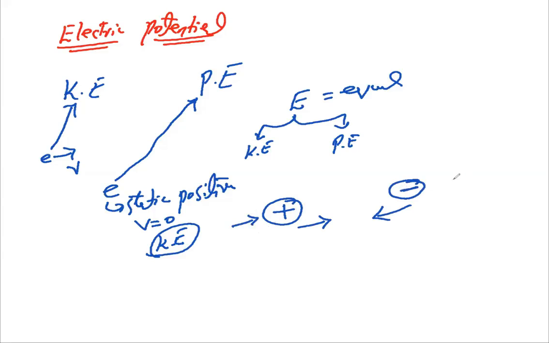Similarly, this charge will also not require an external force to push it toward the positive charge. They will come toward each other because different charges attract each other. So in this case, work done is equal to 0.